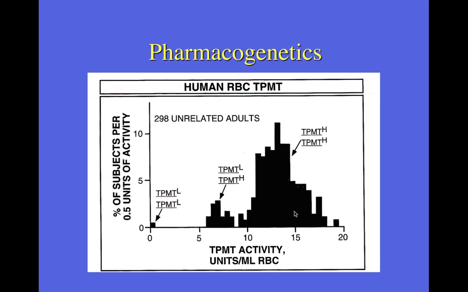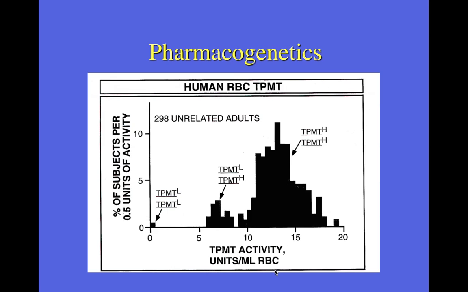And what you, I hope, are aware of is that for the majority of people there's relatively high TPMT activity, and so you get fairly predictable responses. You give so much drug and so much of it is detoxified, and you get a reasonable level of toxicity.